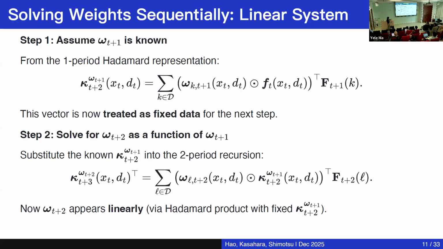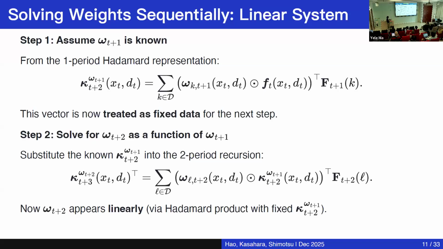And then we offer a way to solve for this bilinear system in a linear way. So in the first step, we assume that this WT+1 is known. Assume that WT+1 is known, then you have this future distribution of states in T+2.